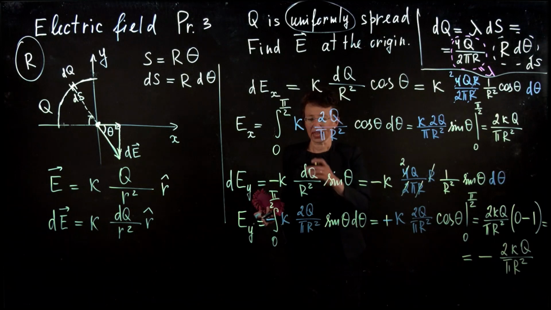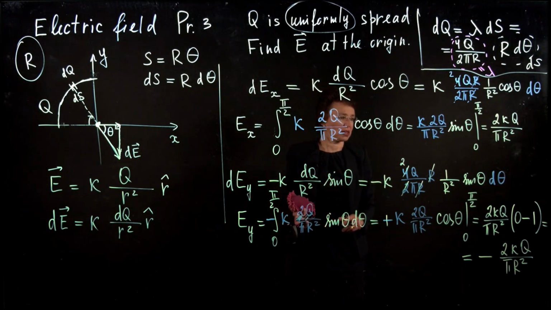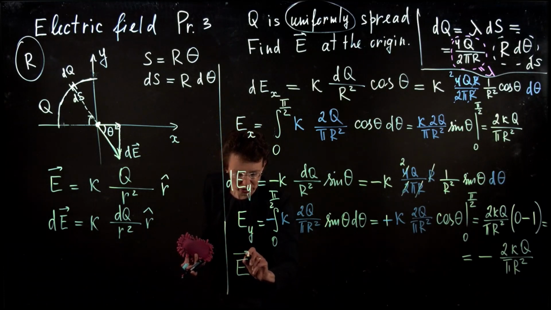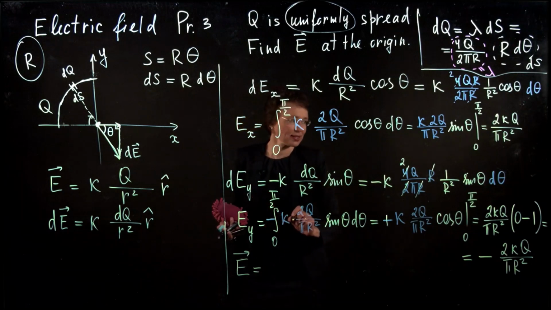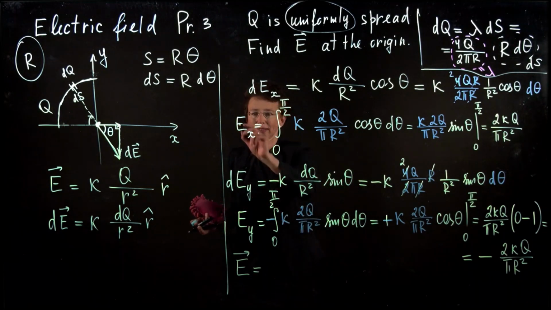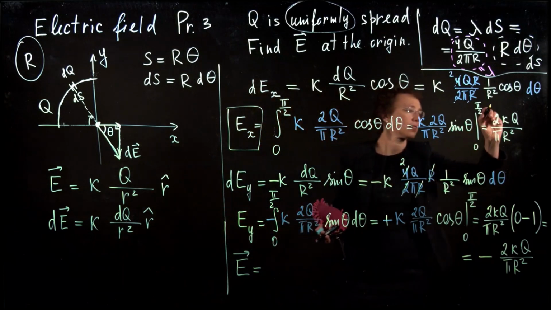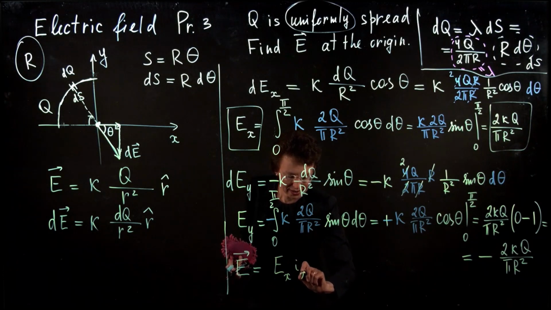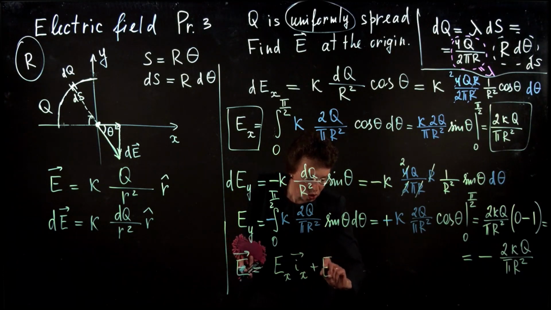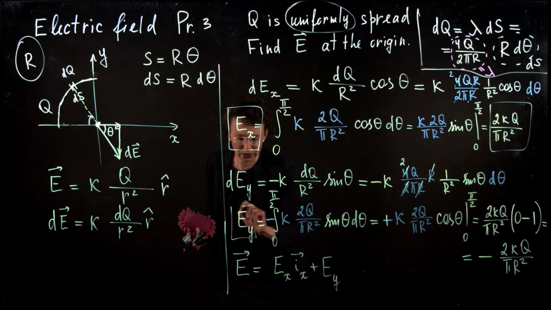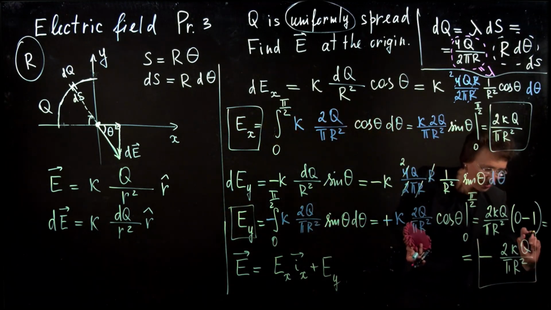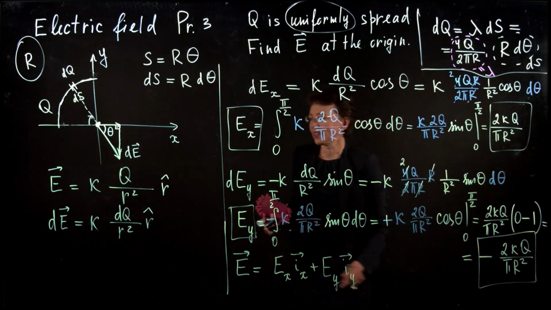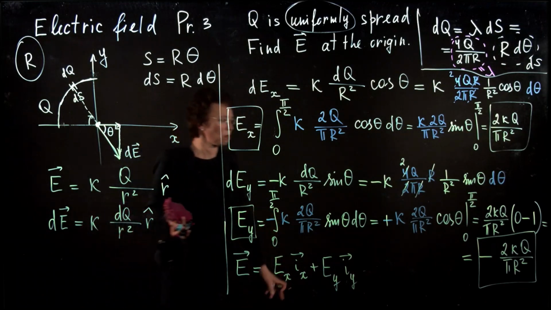We found both x and y components of the electric field. The total electric field, net electric field at the origin will be Ex that we already found, Ex i, plus Ey that we already found, this is j. And Ey is negative as we expected.